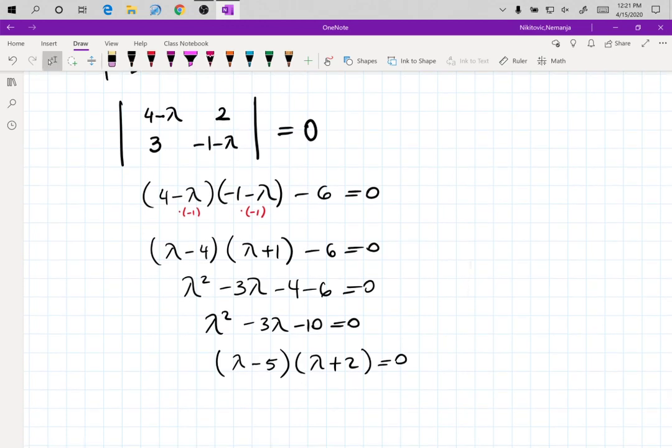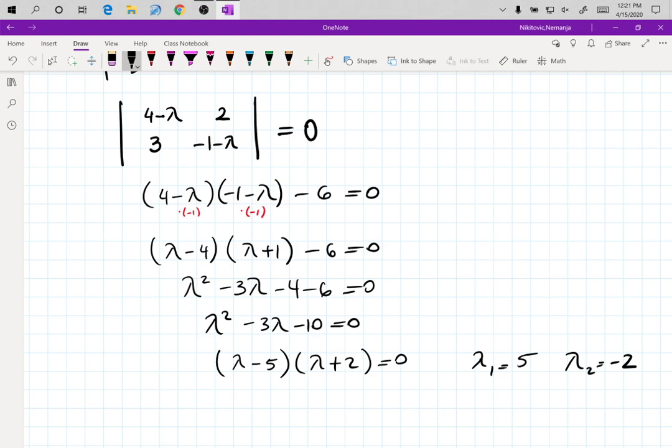And here we have our two eigenvalues. Lambda 1 equals 5, lambda 2 equals negative 2. Okay, and now for the tough part.